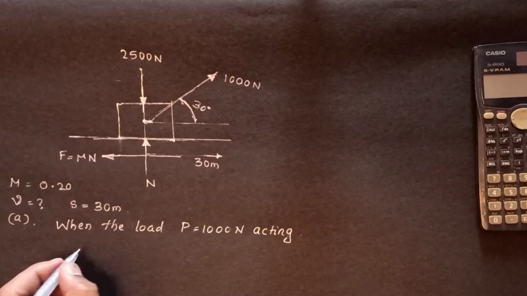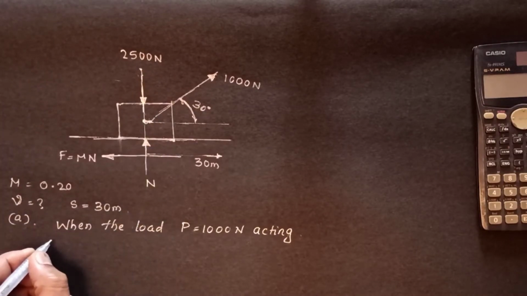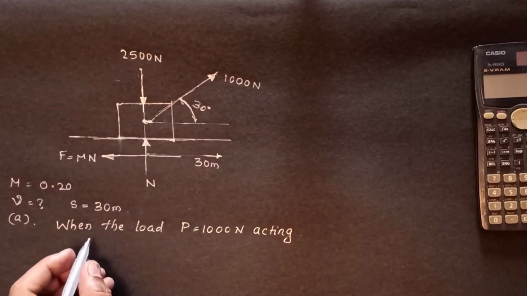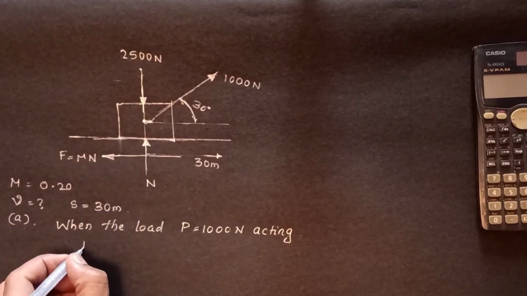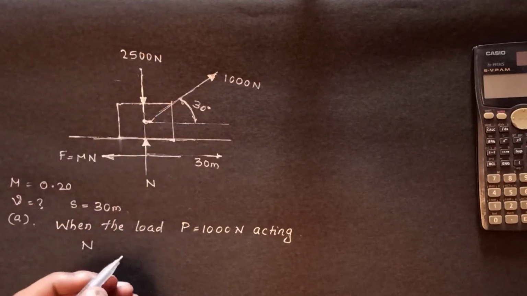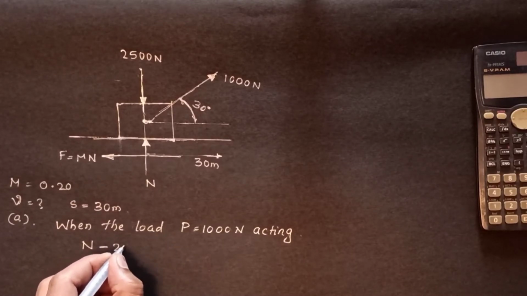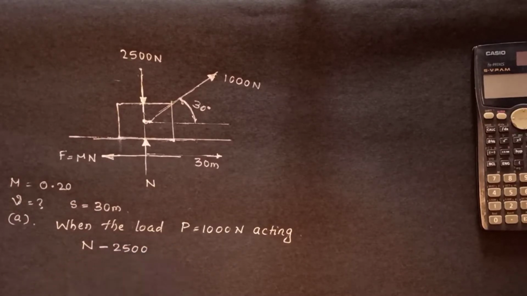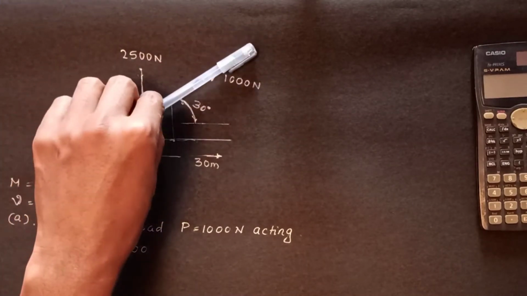What are the vertical forces? First we will resolve by taking the vertical forces. There is the normal force N in the upward direction, and 2500 downward, so minus 2500. There is one more force, the inclined force.